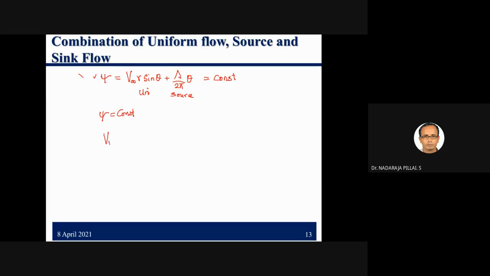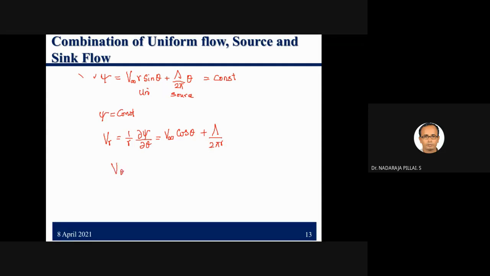So the velocity field obtained: Vr is equal to 1 by r into dou psi by dou theta. If you write this dou psi by dou theta, we can write V infinity cos theta, because the r gets cancelled, plus lambda by 2 pi r.